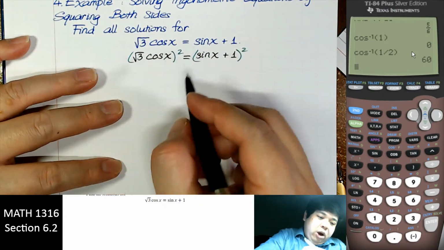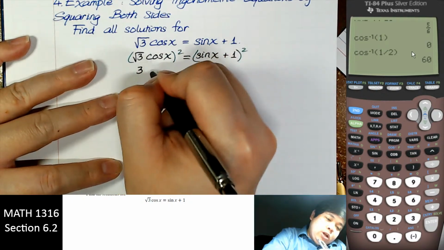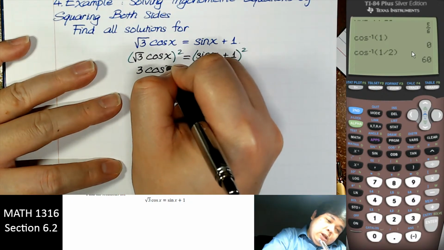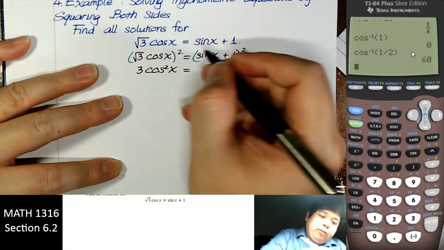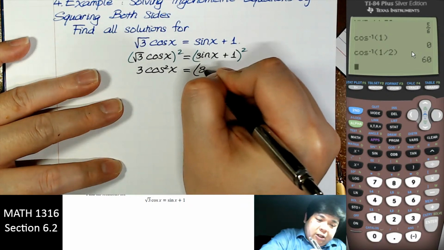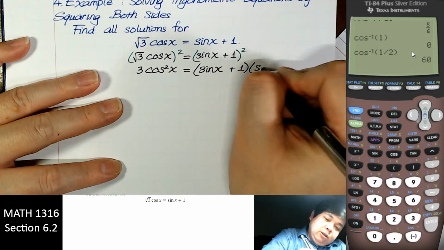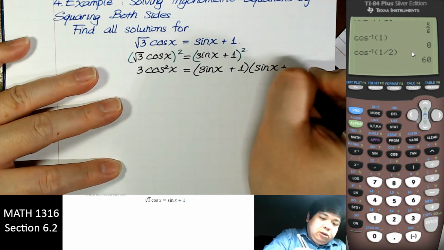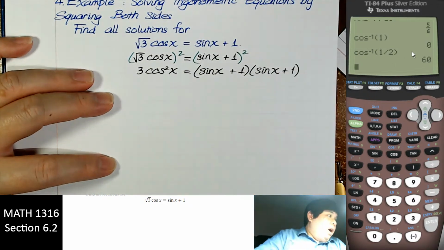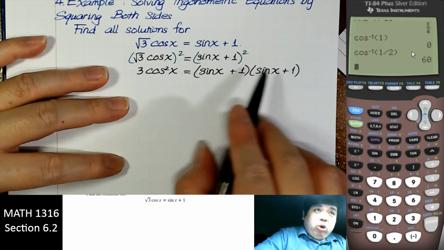Square root 3 squared is 3. Cosine square is cosine square. And the square here, a square is multiplied by itself, so I will multiply it out.